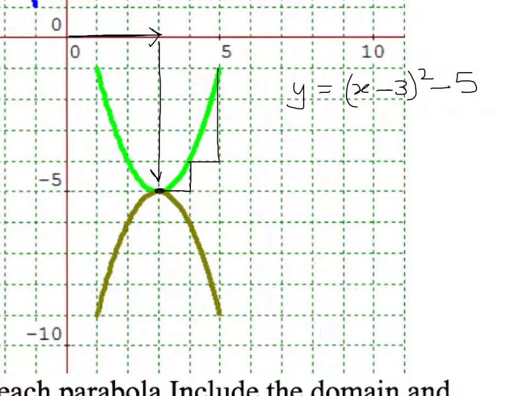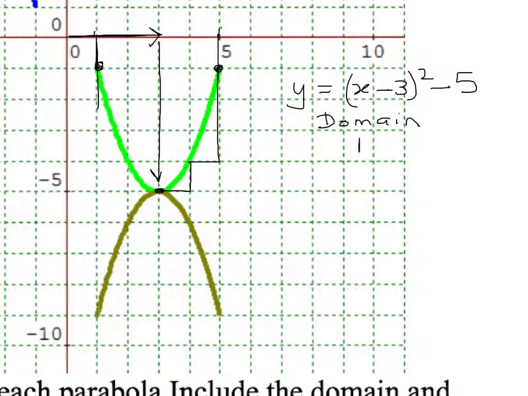And the other graph, the olive green, we could also talk about the domain of this graph. The domain of the bright green, it stops here and it stops here. So our x values, this is at x is 5 and x is 1.